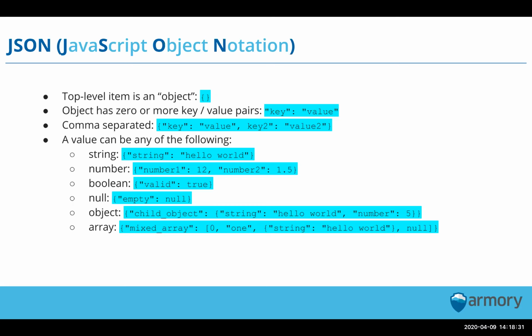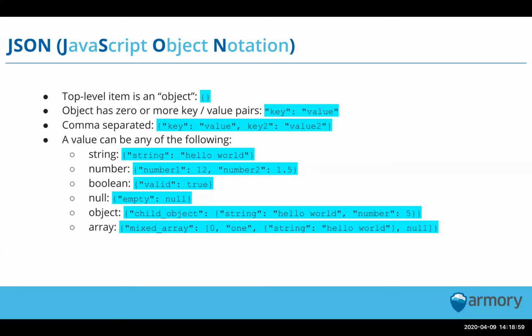The key part here is that JSON has objects. Objects have key value pairs in them. An object can have one or more key value pairs. The keys are always a string. The values can be a string, a number, a Boolean, a null object, or they can be a nested object or an array of objects.